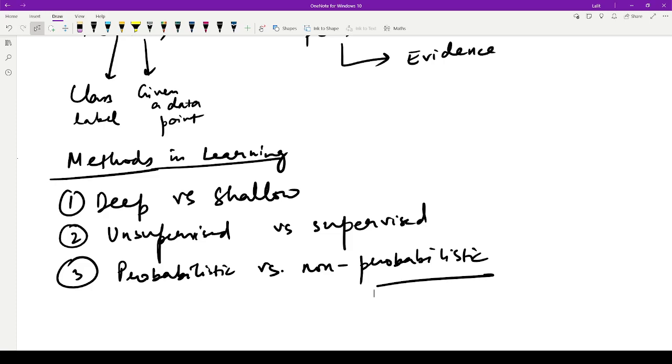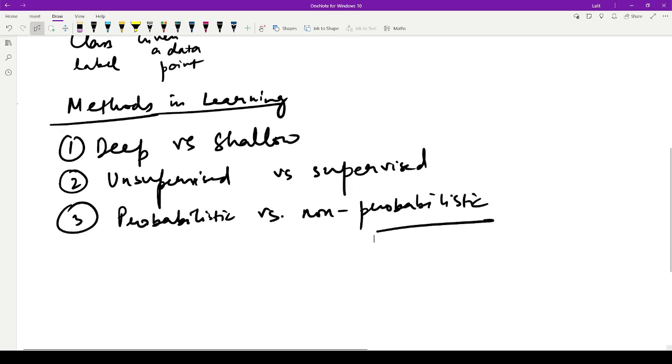So what is supervised learning? This is the most common method currently used for developing algorithms. What do you mean by supervised learning?